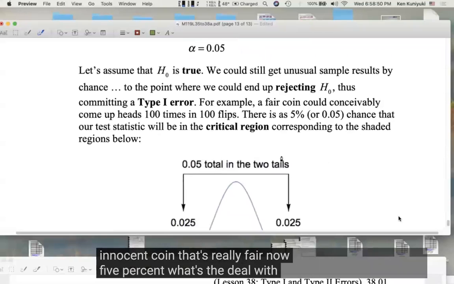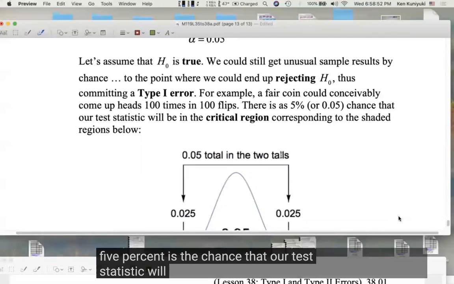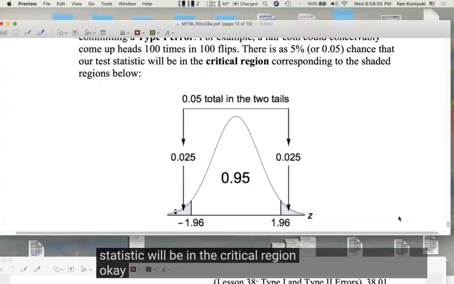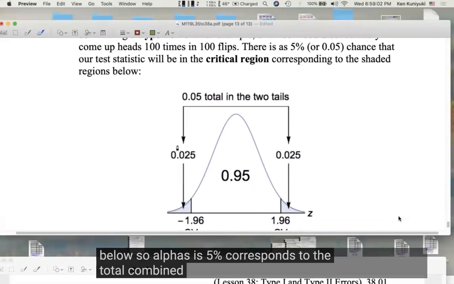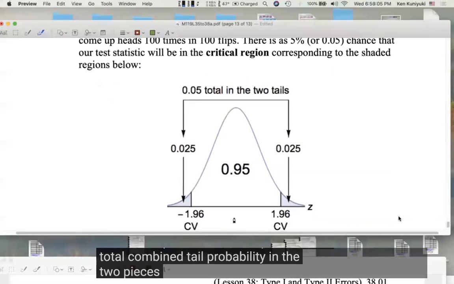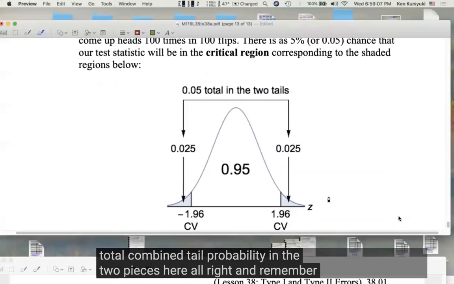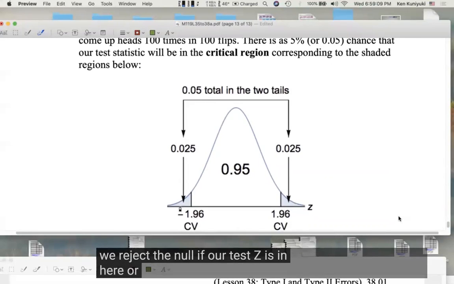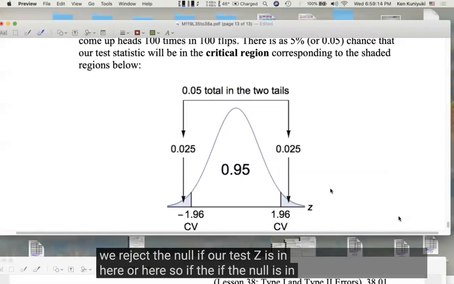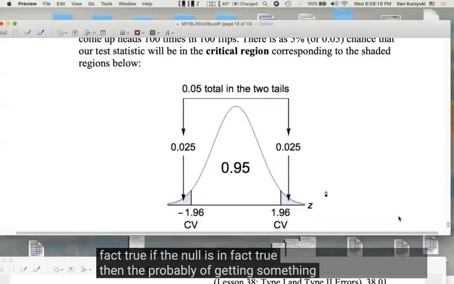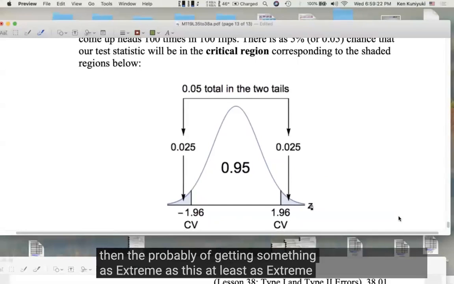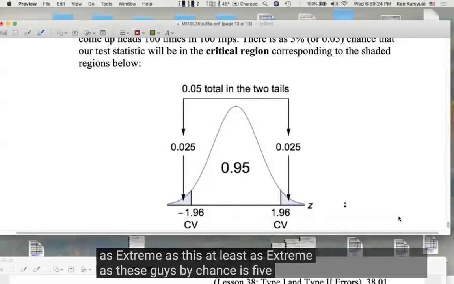Now, 5%, what's it got to do with alpha? 5% is the chance that our test statistic will be in the critical region, corresponding to the shaded region below. So alpha is 5%, which corresponds to the total combined tail probability in the two pieces here. And remember, we reject the null if our test Z is in here or here. So if the null is in fact true, then the probability of getting something at least as extreme as this by chance is 5%.